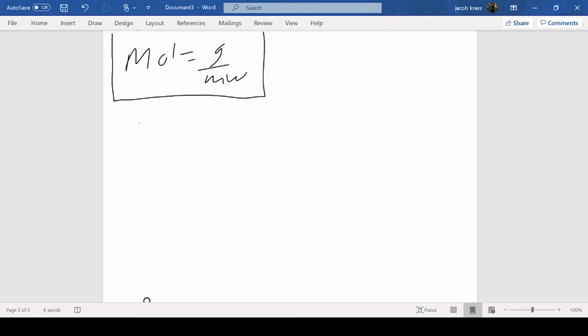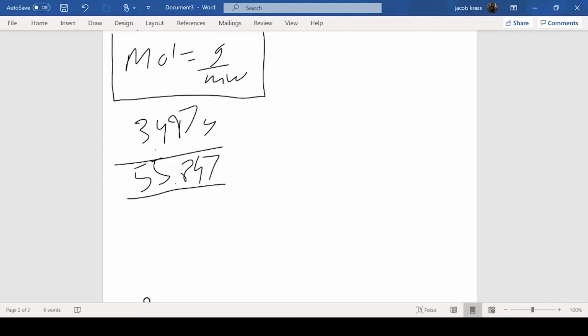So for iron, we had 3.497 grams. If we divide that by the molecular weight of iron, which is 55.847. And guys, for problems like this where we're dealing with things that can have rounding errors, try not to round until the very end. This is taking a lot of digits off the periodic table.